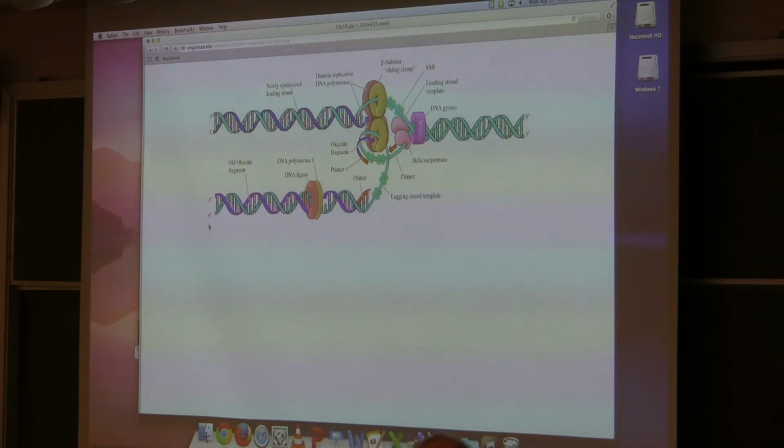As the helicase unwinds the strands, ahead of it there's tension, and if we don't relieve that tension, we'll end up with a knot, and that tension is relieved by this enzyme called DNA gyrase. I told you that gyrase was a topoisomerase.